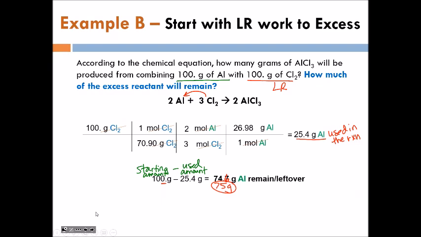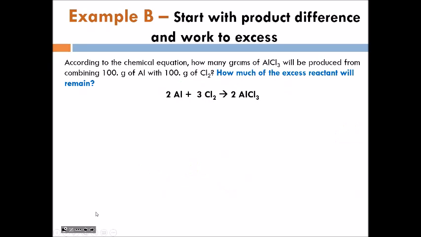Now, I really like this way, and I use it pretty often. However, I've also developed an appreciation for the second method here, which is subtracting products before you begin, and then you work the product to the excess. So, and this is kind of how that mole, if you do option 1 with the moles, that's how it makes it a little bit shorter.